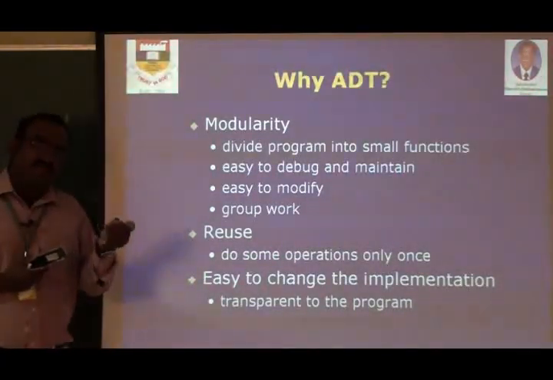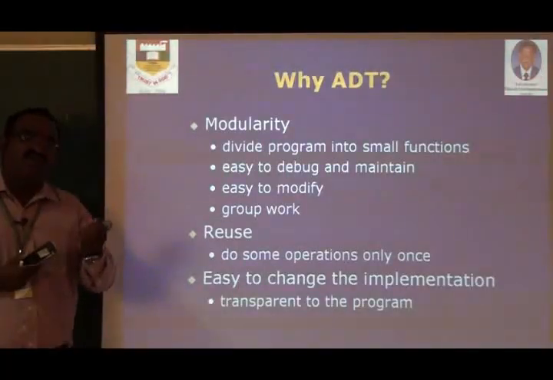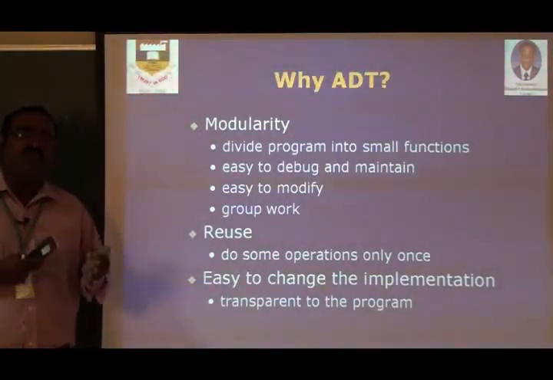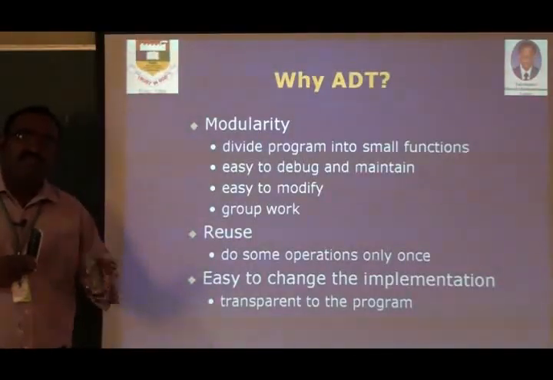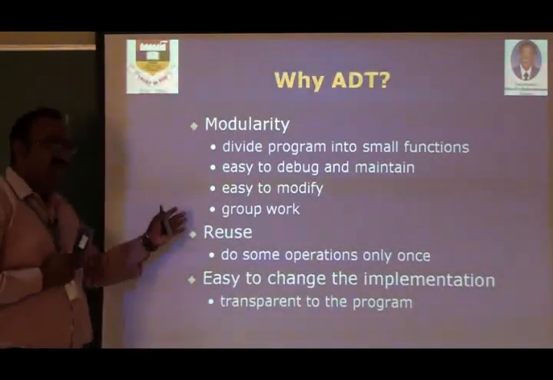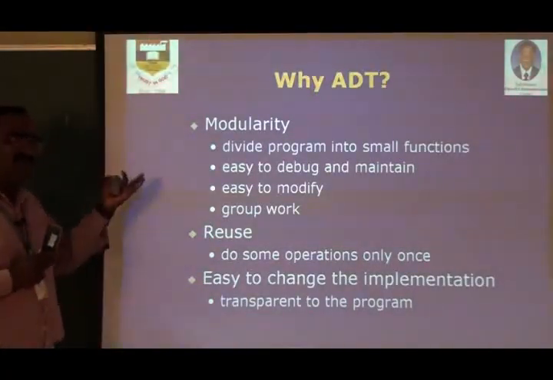When there is a problem in a particular manipulation, we extract only that one. If there is a problem in the addition code, we take only the addition code, and we don't touch the other manipulations, subtraction, division, multiplication. So it is very easy to debug, very easy to rectify errors in the code, and very easy to modify.